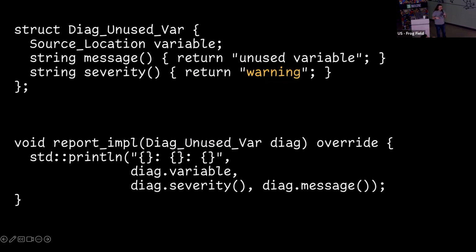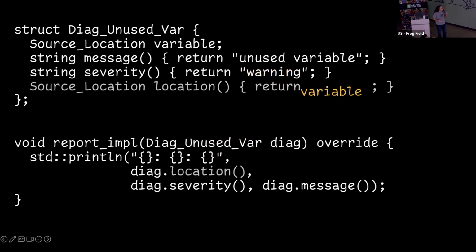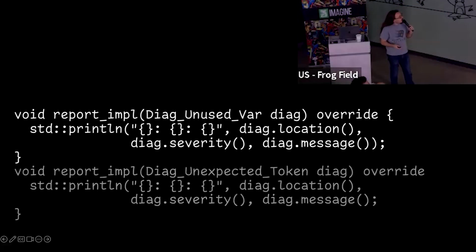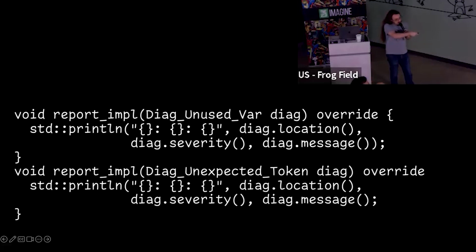And the other diagnostic for unexpected token, it's called a token. But we want our report functions to look the same. So let's change this variable and factor that out into a function as well. We'll call it location.